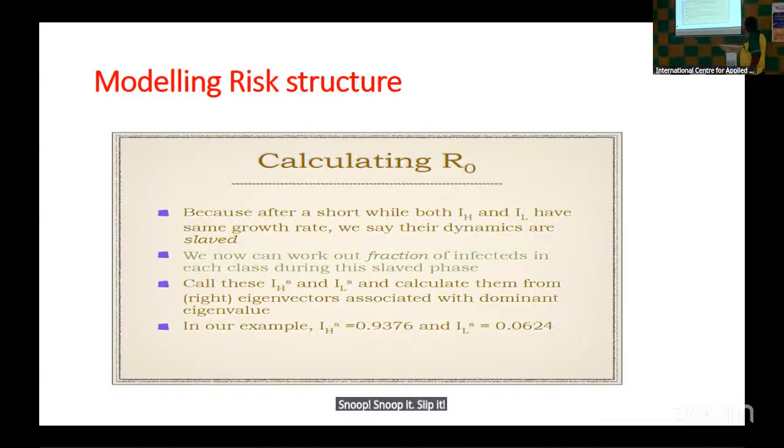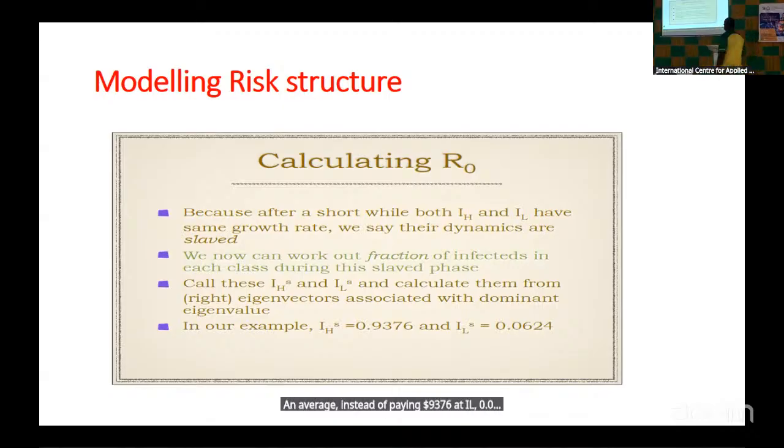All these, RH and IL, are calculated from the eigenvector associated with the dominant eigenvalue, and RH is 0.9376 and IL is 0.0624.